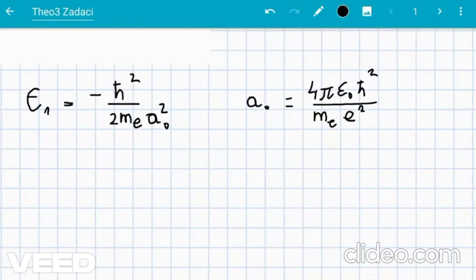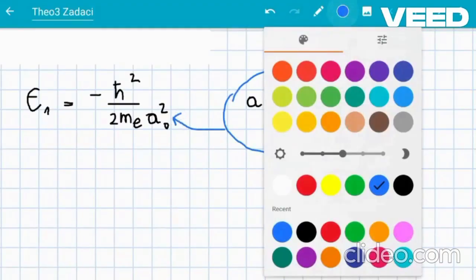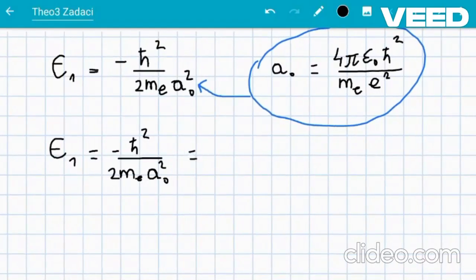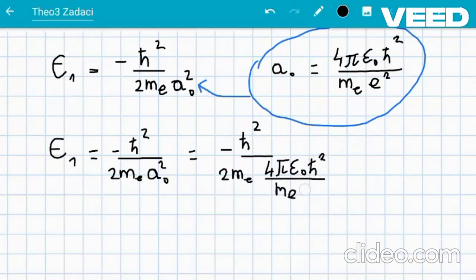When we plug that in for a naught, we get minus h bar squared over 2 m_e times 4 pi epsilon naught h bar squared over m_e e squared, and the whole thing is squared.